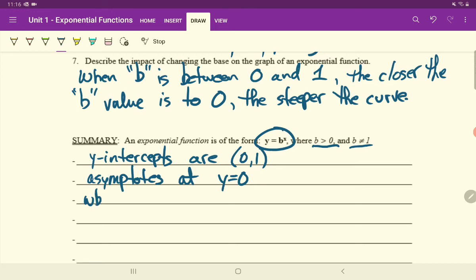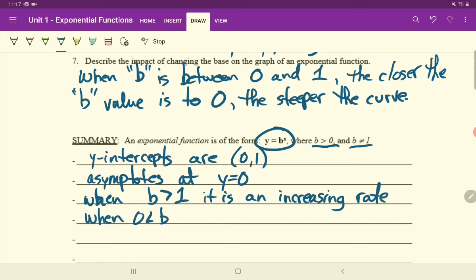When b is greater than 1, it is an increasing rate. So like the first sets of questions, it's going up and to the right. When b is between 0 and 1, but not equal to 0 and 1, we have a decreasing rate.